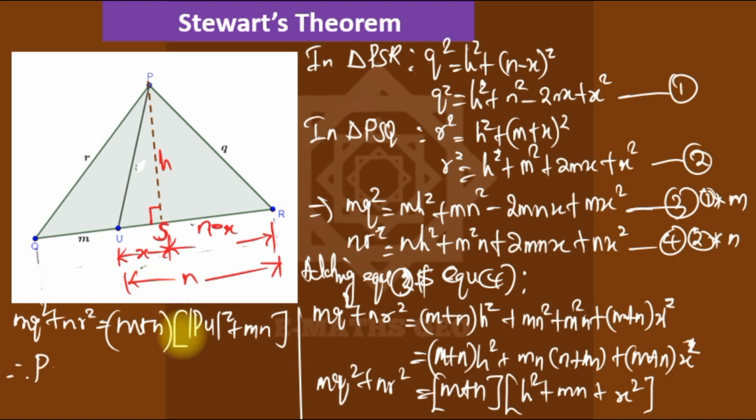Therefore PU is the square root of (MQ squared plus NR squared) over (M plus N), minus MN.